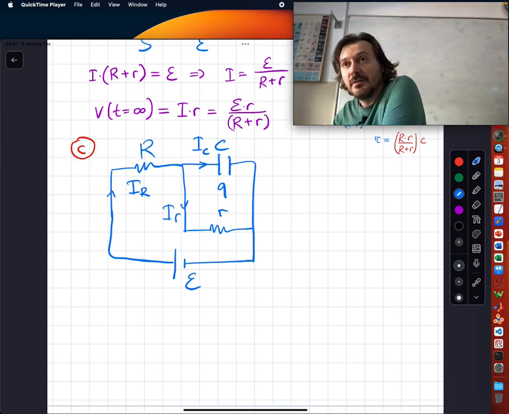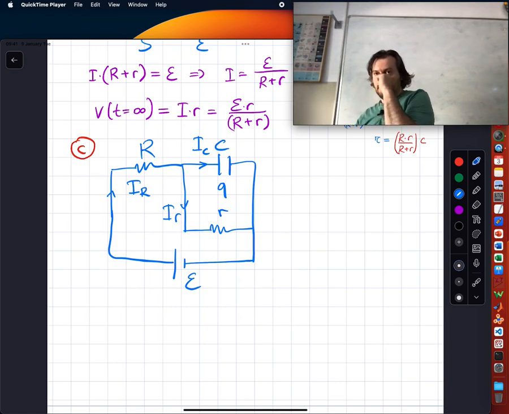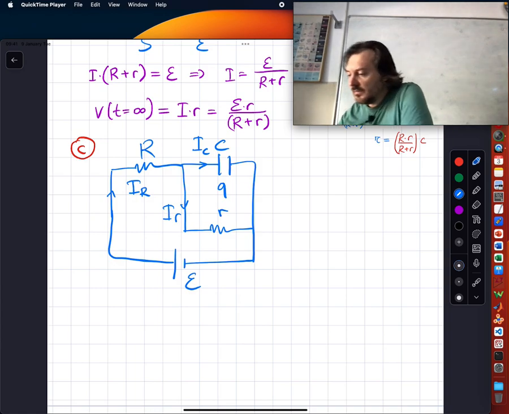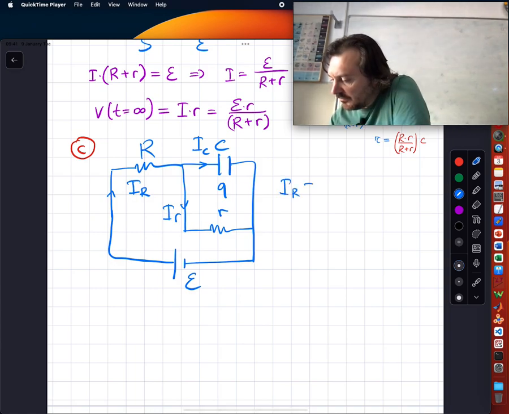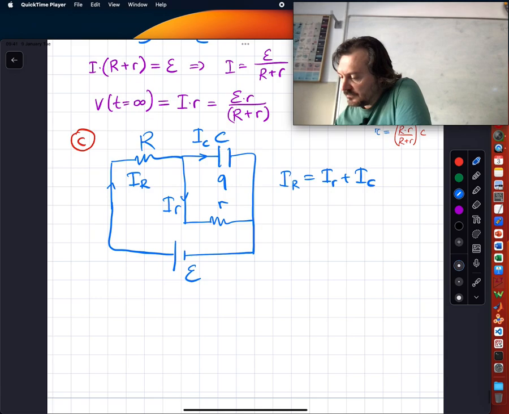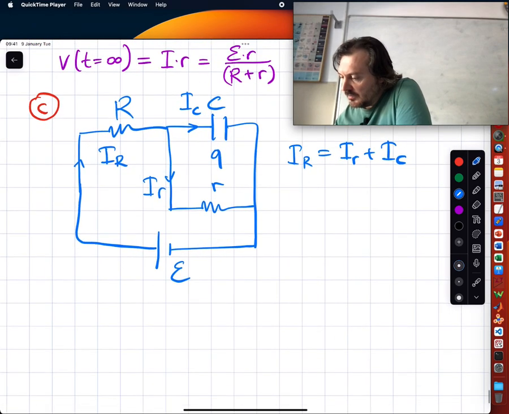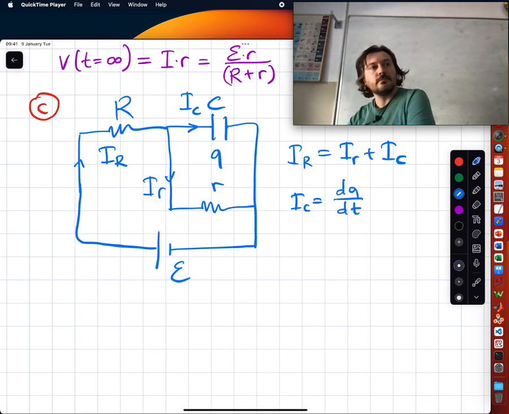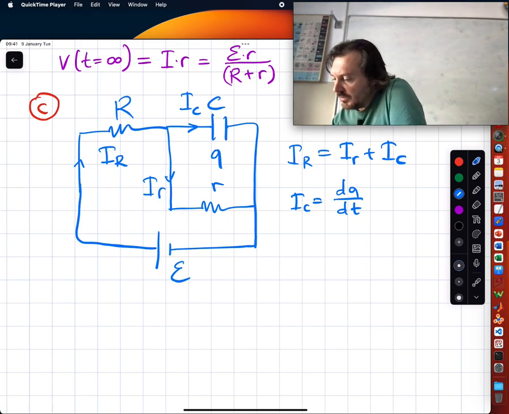I was confused because the total current is IR plus IC. Yes, you start with this equation and leave it alone. Then we continue. We know that IC is dq over dt, right? What else do we know?